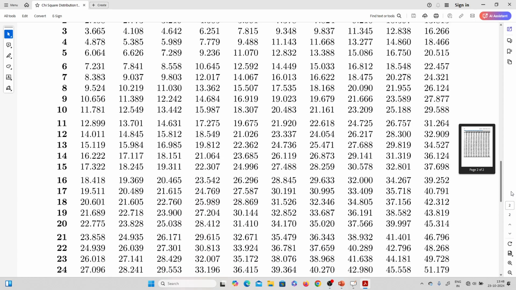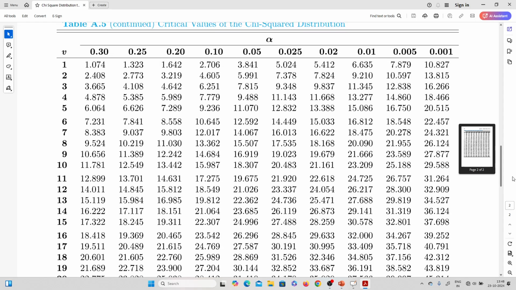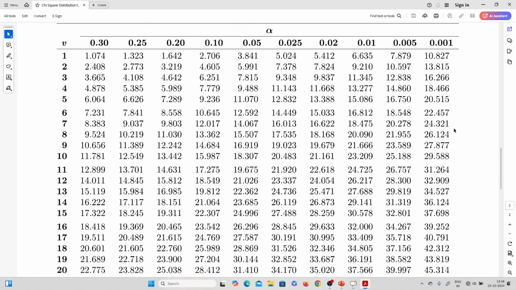But notice here, this is 1%, and this is 0.1%.